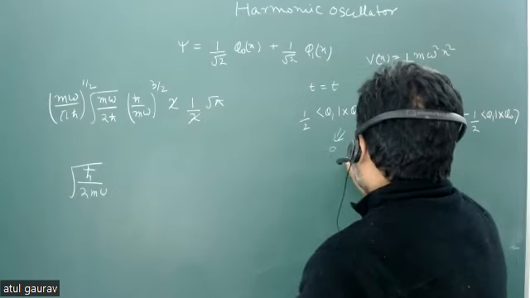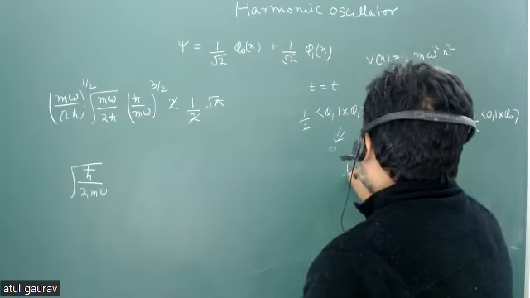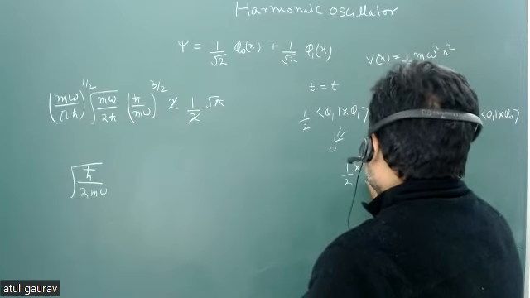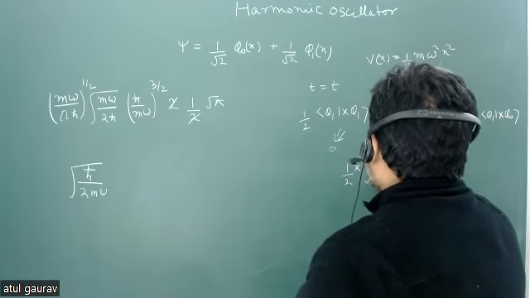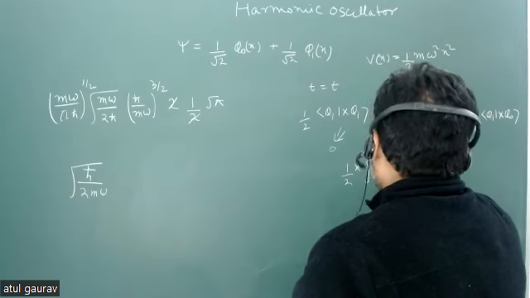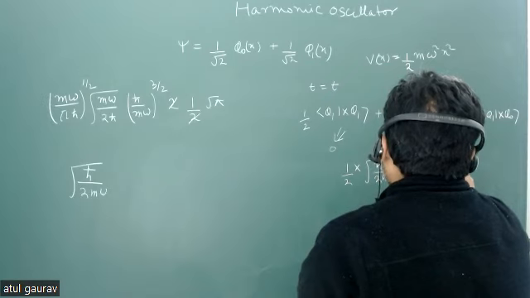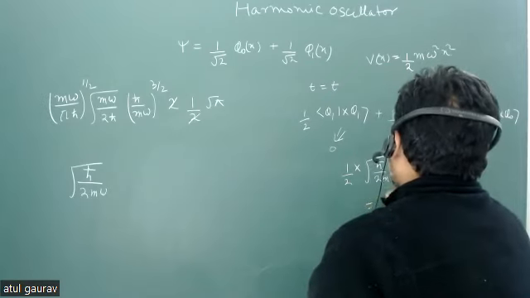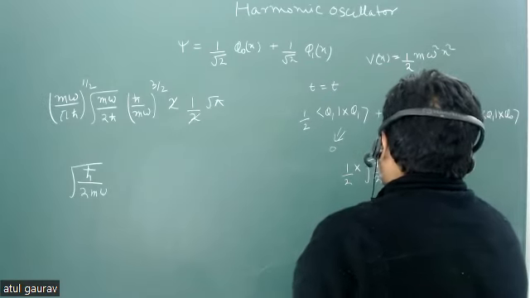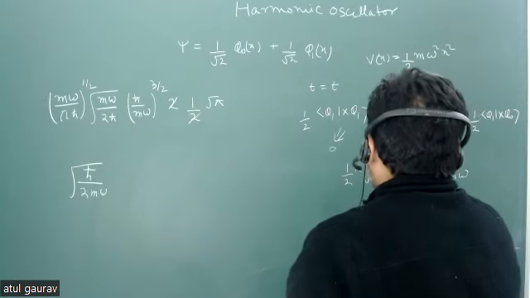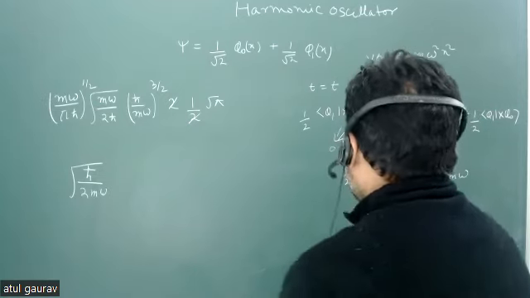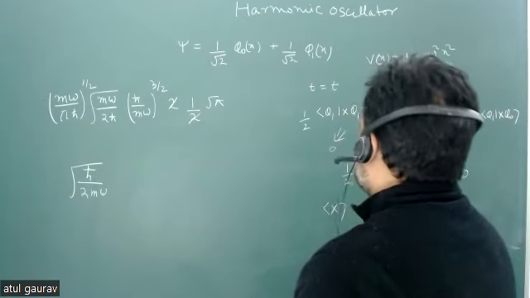So both will be same. So you have basically half into h cut upon 2m omega plus half into h cut upon 2m omega, and that value is equal to h cut upon 2m omega. So this is your expectation value of x.